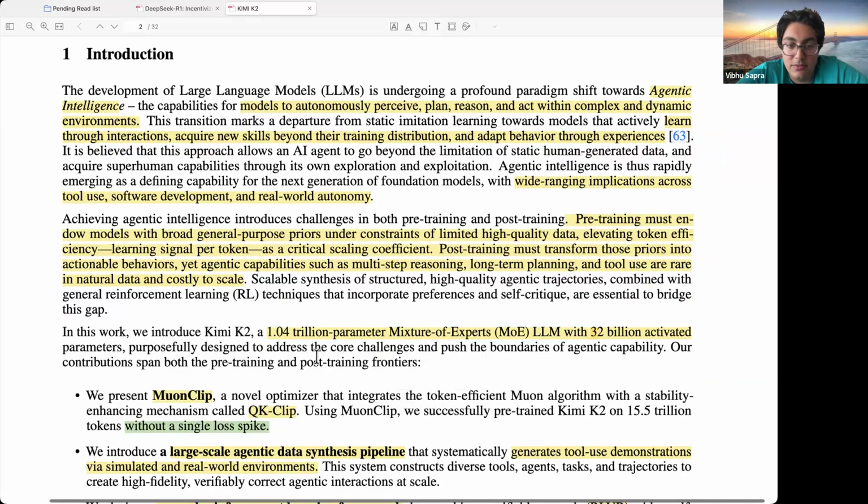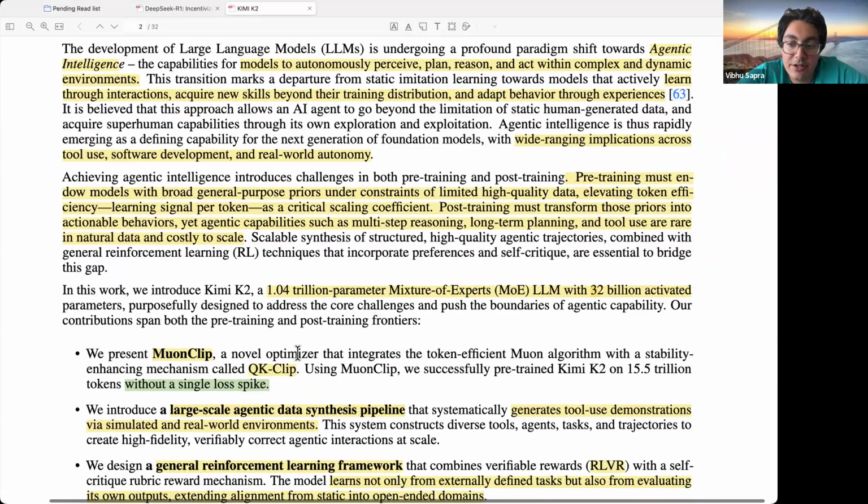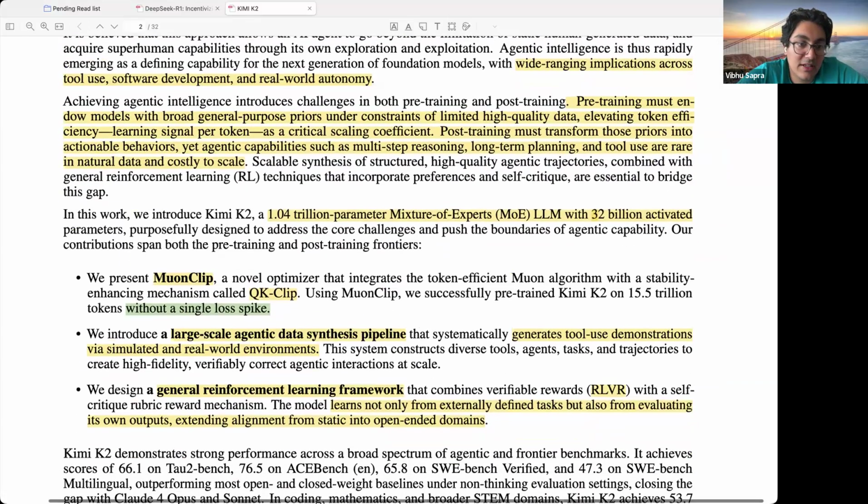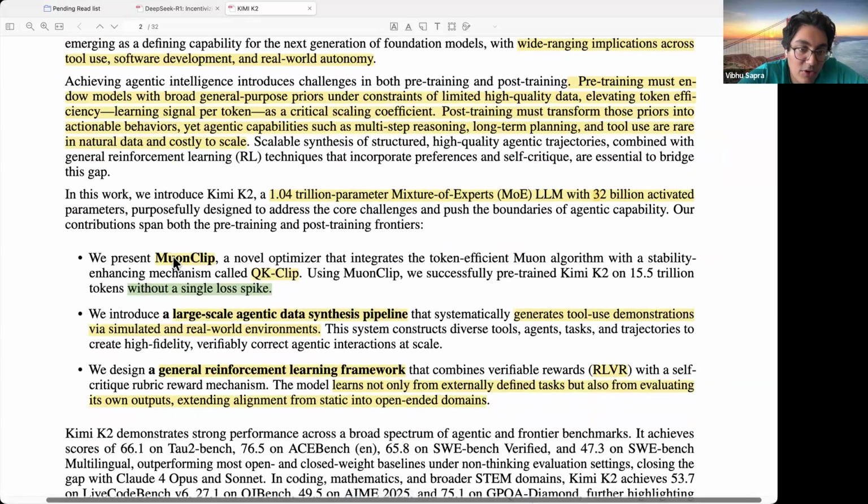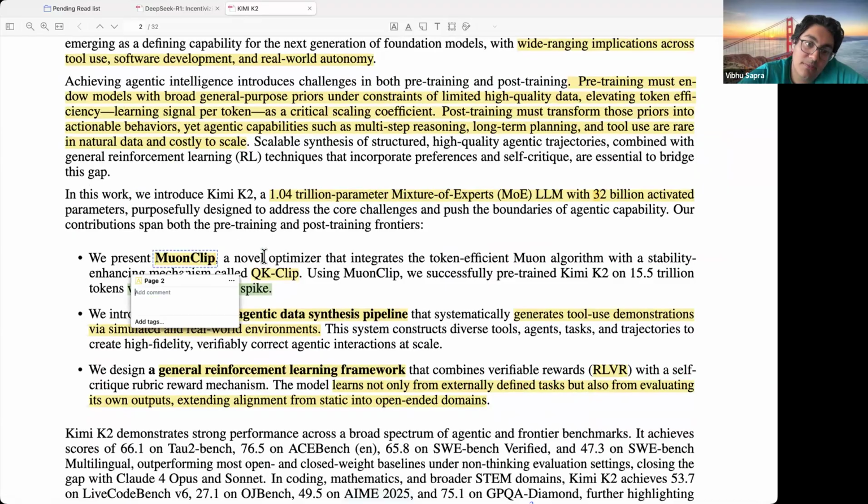Okay, the model: a big model, a trillion parameter MoE with 32 billion active parameters. There are a few major things here. MuonClip, which is their new novel optimizer. It's basically better than AdamW. Muon was introduced quite a while ago, but it was trained at small scale and wasn't really scaling very well.